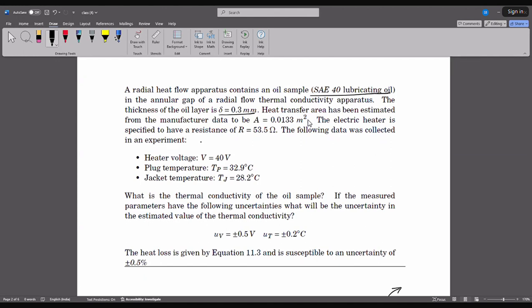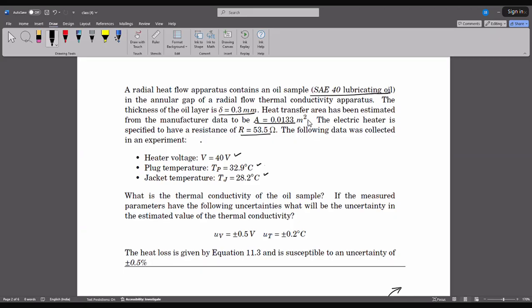The heat transfer area between the heater and the oil layer is given. The electrical heater has a resistance and voltage given. The temperature of the plug is given, and the jacket, which is the outer surface, is given.